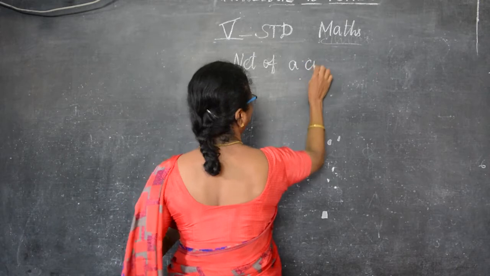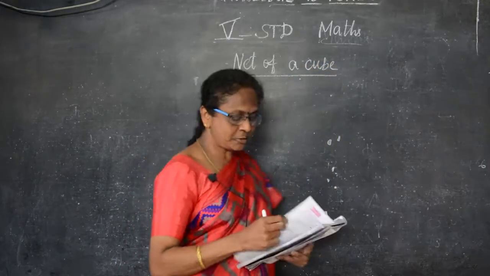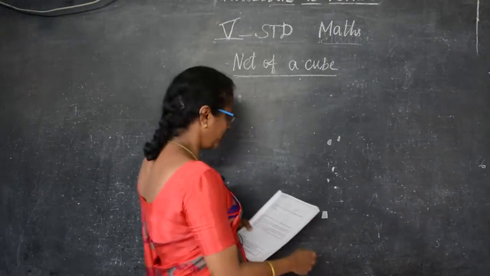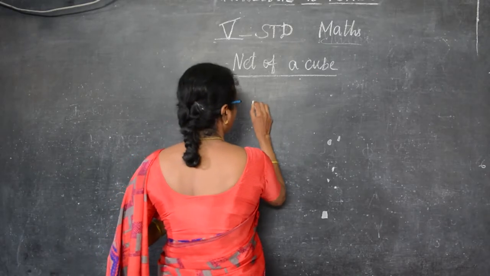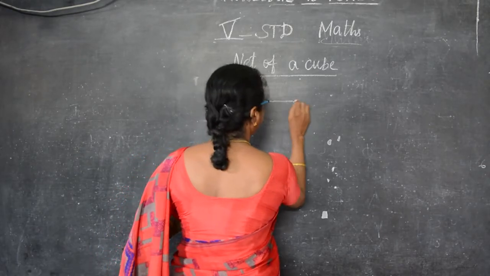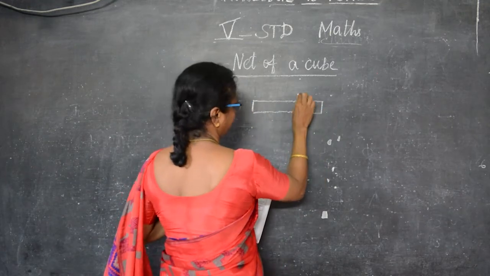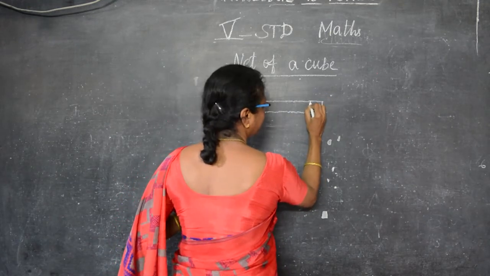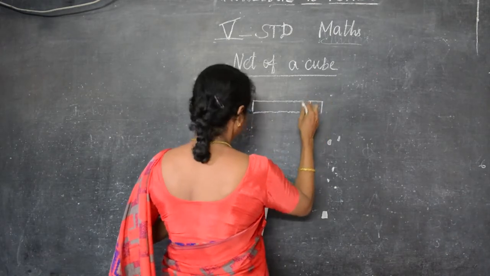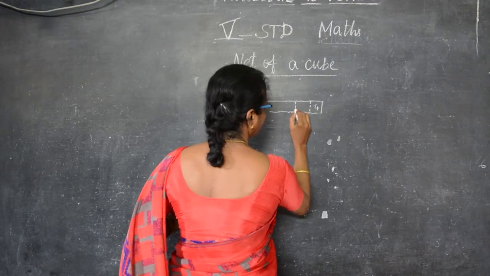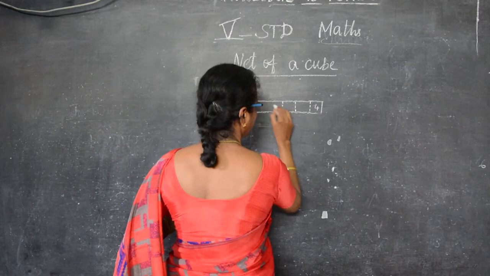Net of a cube. So this is also the same as I told you. The net of a cube is folded squares. We can draw the square like this. This is number 4, and here 3, 2.